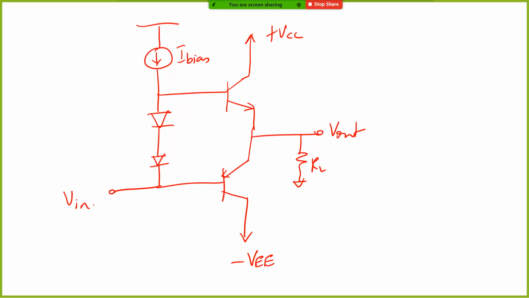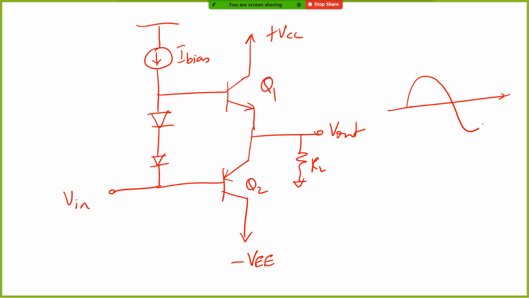Now what is happening is that we are putting this PNP transistor in the usual class AB mode, that is, it does not conduct till minus 0.7, or minus VEB. But on the other hand, we are giving two diode drops to this NPN transistor Q1, so that if we look at the waveforms, let me quickly draw them.